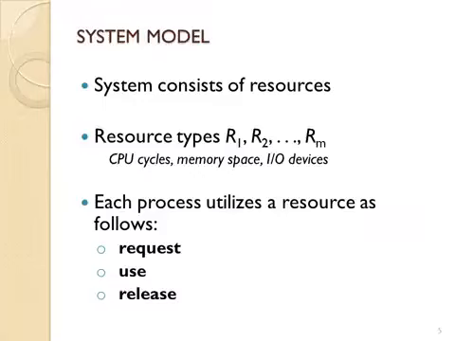Then use the resource, block all the other processes out from using that resource, and then release it. And what happens is, in a system, you can end up with a deadlock because the processes work together, and sometimes two or more processes end up waiting on each other.